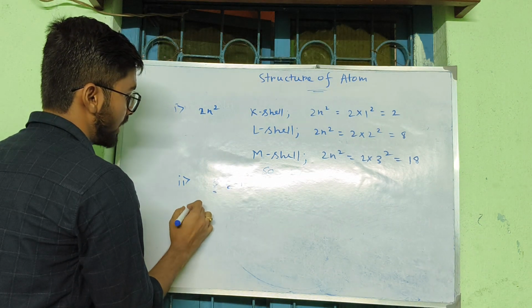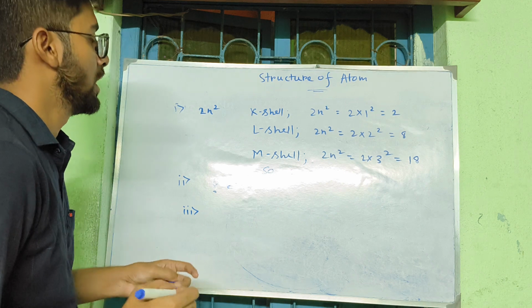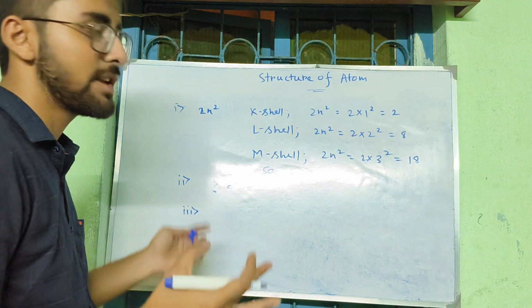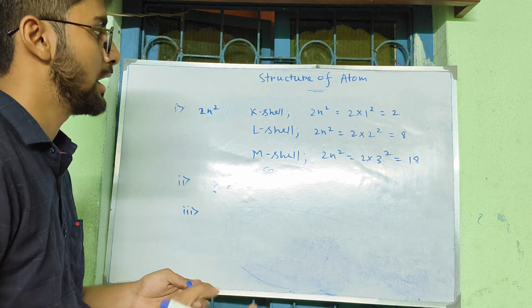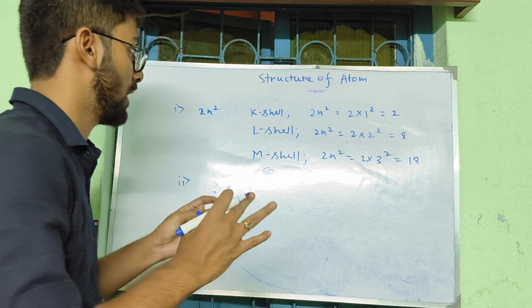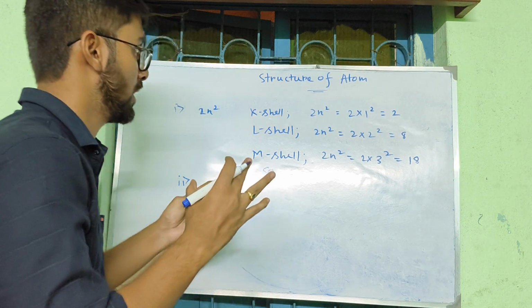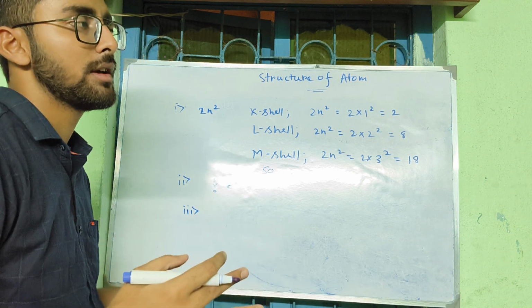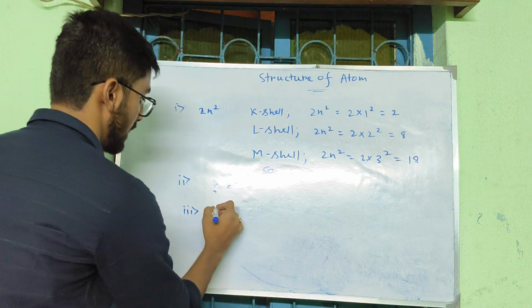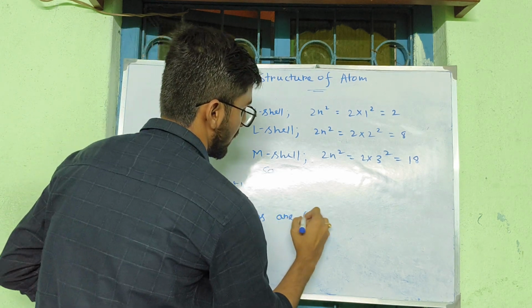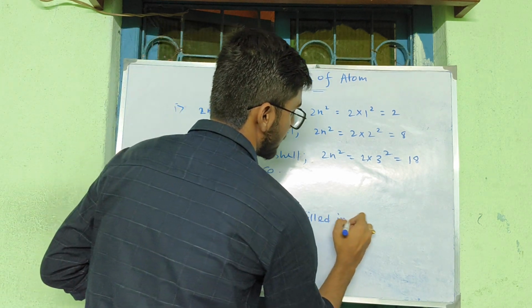And the third point is electrons are not accommodated in the given shell unless the inner shells are completely filled. So I mean to say that electrons are filled in stepwise manner.